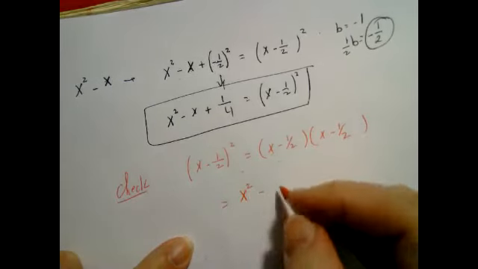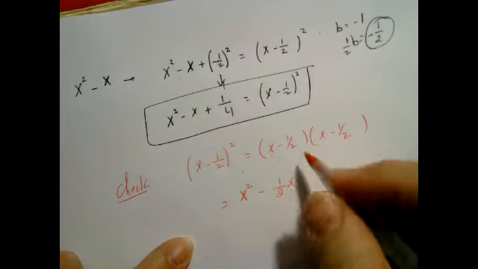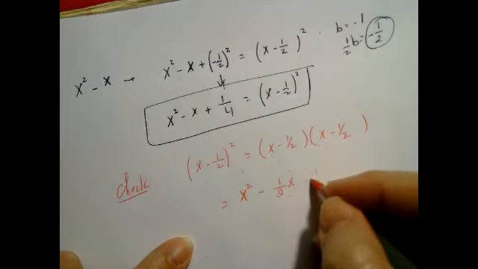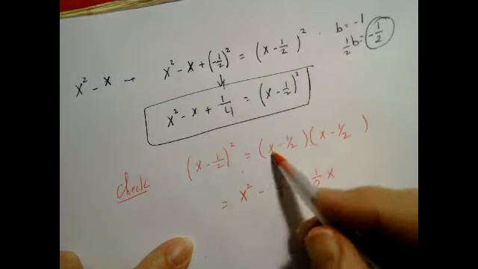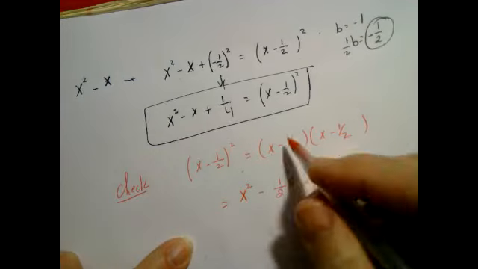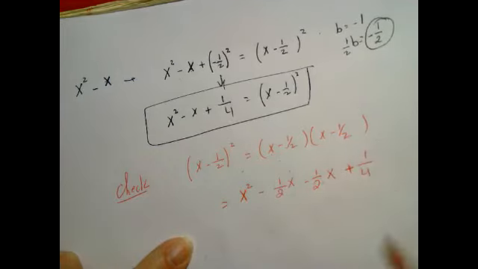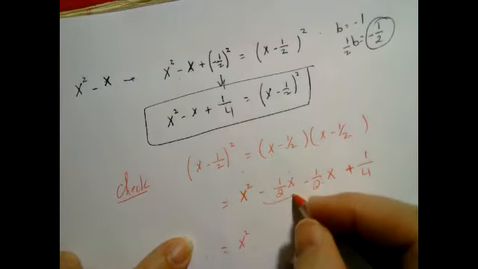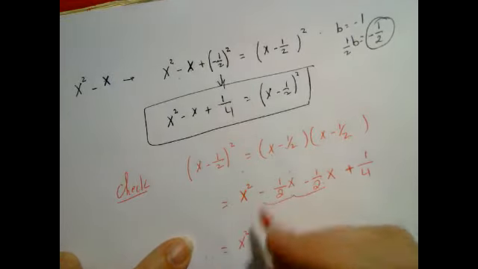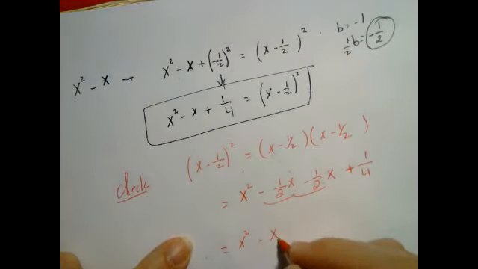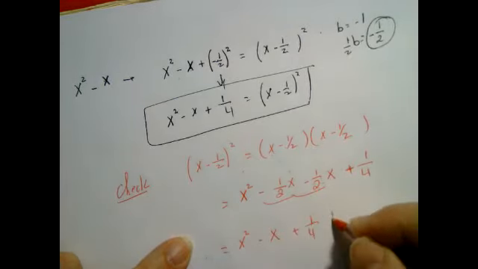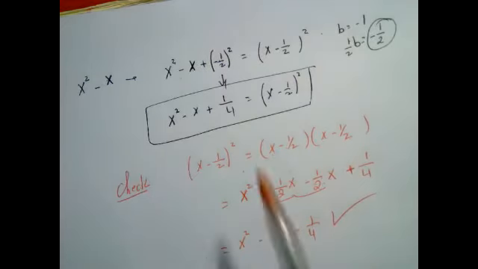X times that, it's minus a half x. This will give me another minus a half x. Minus times minus is plus. A half times a half is a 4th. So this would give me x squared minus a half x minus a half x, which means minus 1x plus 1/4. Absolutely correct. So those two are equal to each other.